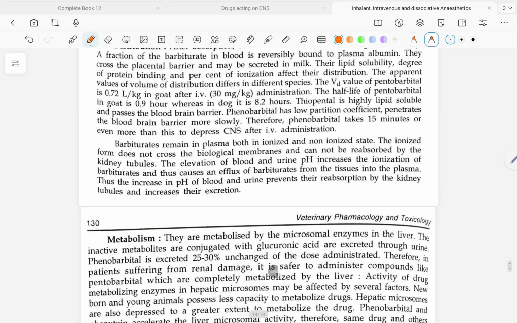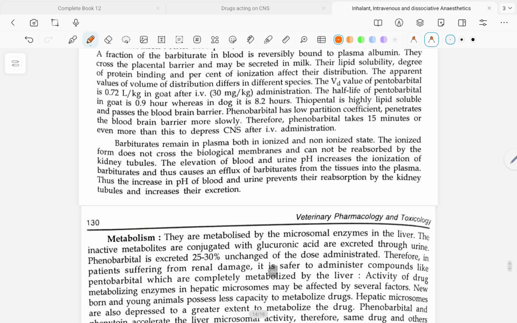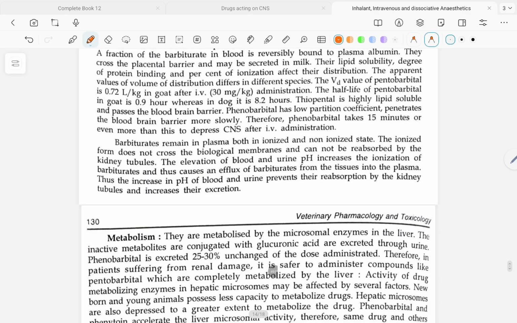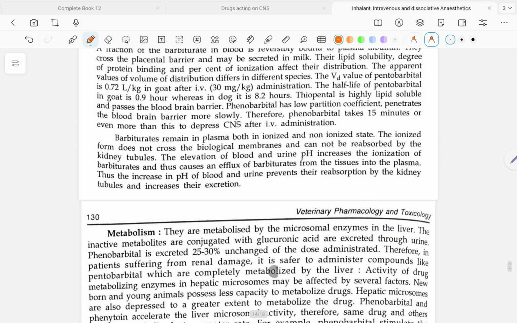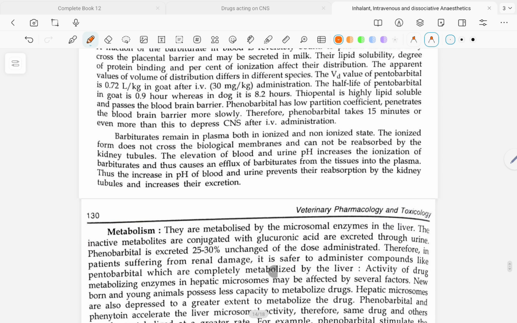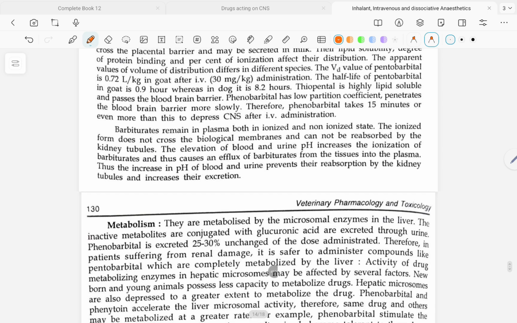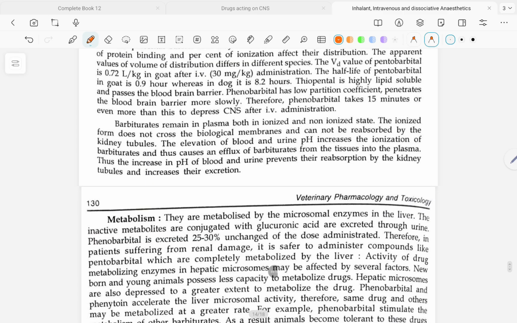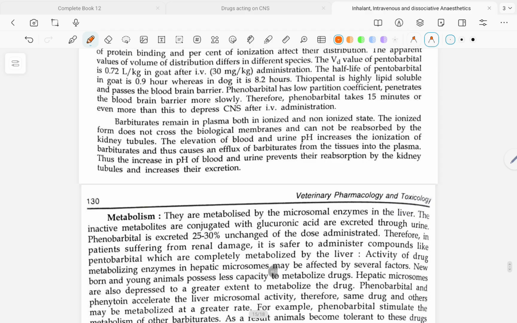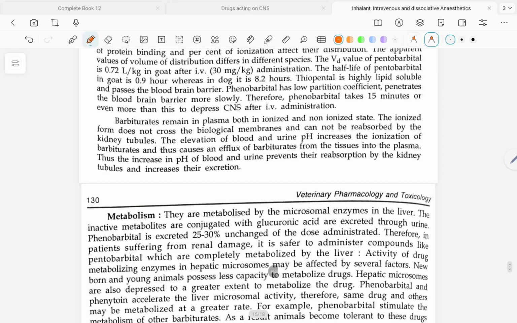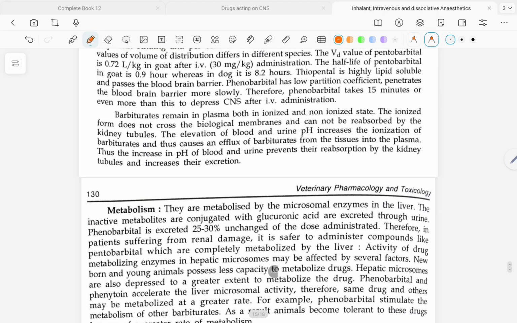Thiopental is highly lipid soluble and passes the blood-brain barrier. Phenobarbital has a low partition coefficient and penetrates the blood-brain barrier more slowly. Therefore, phenobarbital takes 50 minutes or even more to depress the CNS after IV administration. Barbiturates remain in plasma both in ionized and non-ionized state.